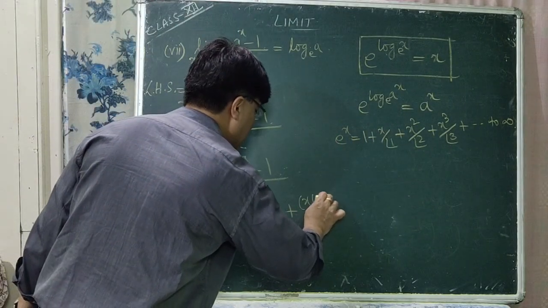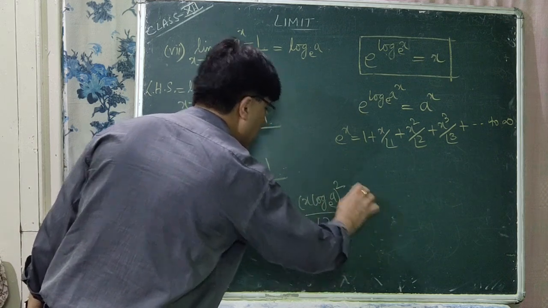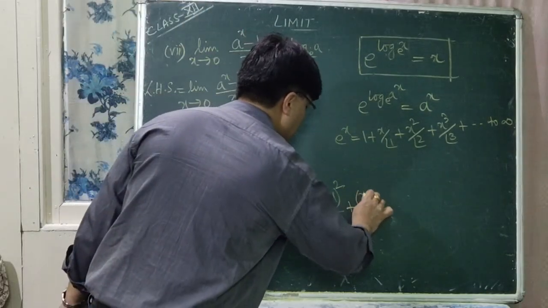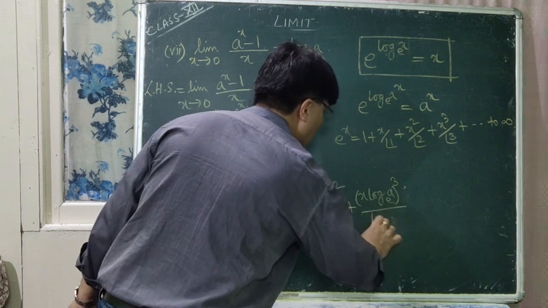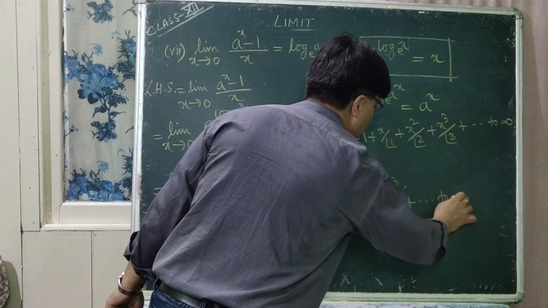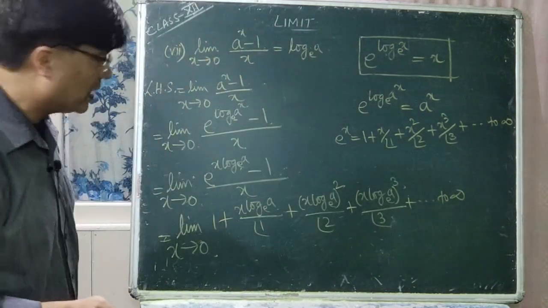It is x log a base e whole square divided by factorial 2 plus, next what is cube here? It is x log a base e whole cube divided by factorial 3 plus dot dot dot, it goes up to infinity. So after this term there will be terms containing x, okay?